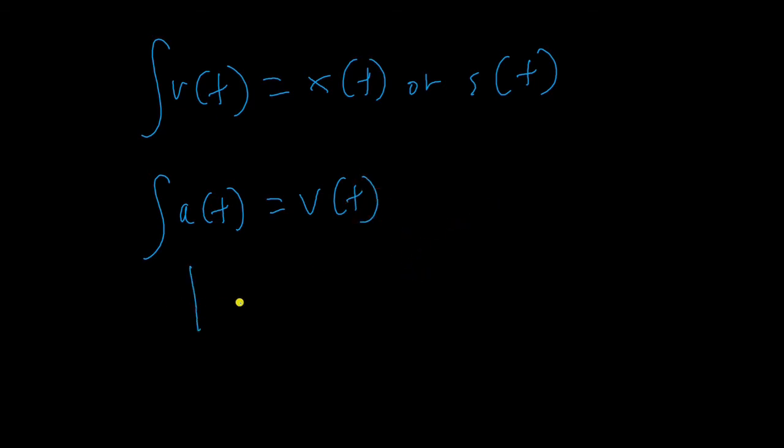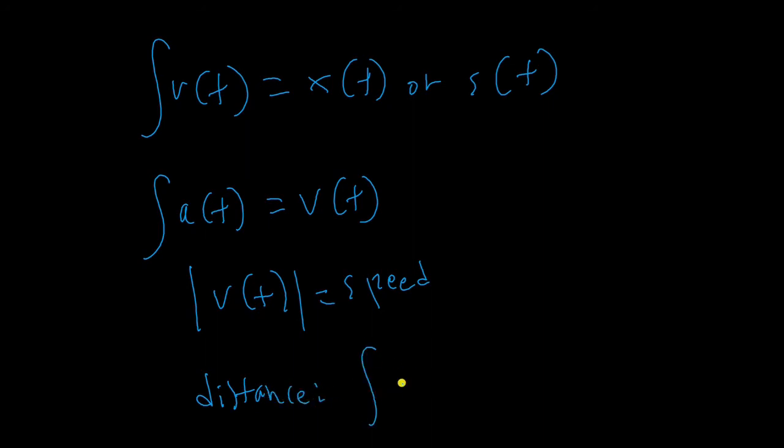The absolute value of velocity is speed. And distance is the integral of speed. Pretty straightforward.